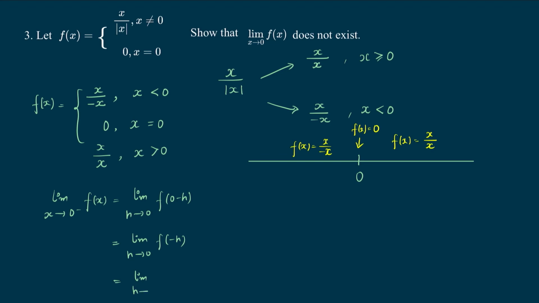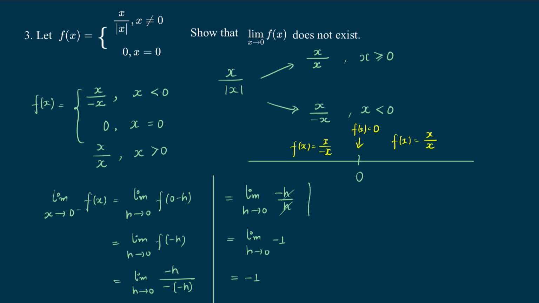Limit h tends to 0 minus h over minus of minus h. Limit h tends to 0 minus h over plus h. Now here h and h get cancelled, so we will remain with limit h tends to 0 of minus 1, and hence my left hand limit has come, that is minus 1.